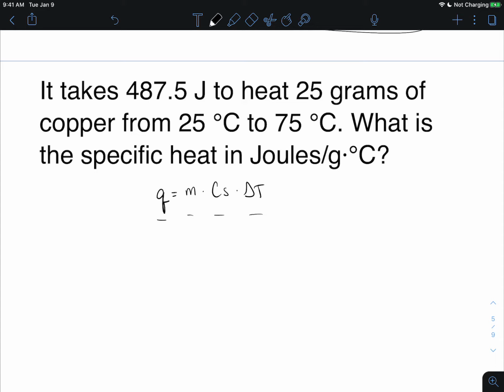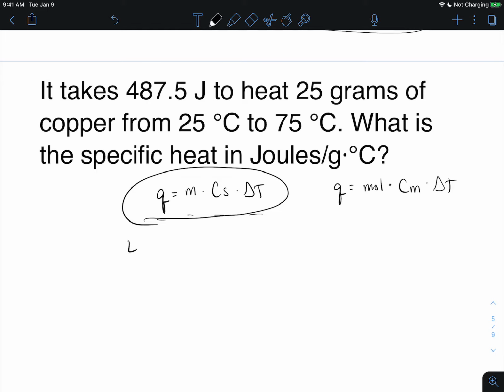This is just the form that most people are familiar with. There's also the form if we have our molar heat capacity. It's going to be moles times our molar heat capacity times delta T. But we are talking about grams in this case, so we're going to use this equation right here.